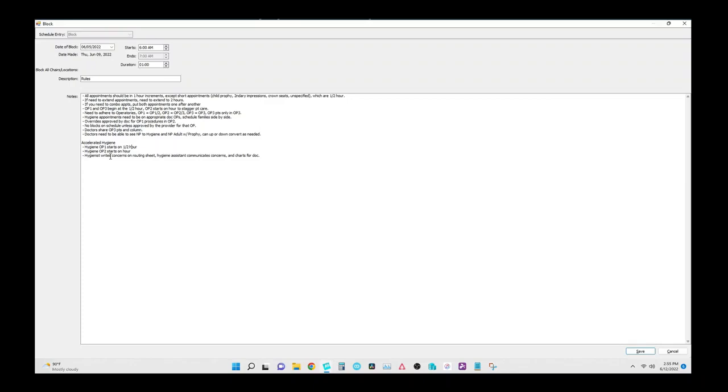And then the assistant, essentially, what is the assistant's duty? The assistant will take the x-rays, break down, set up the room. The assistant will do the perio charting. The assistant will also chart for the doctor, and will also kind of check in and check out the patients, and will also communicate to the doctor any concerns from the hygienist.